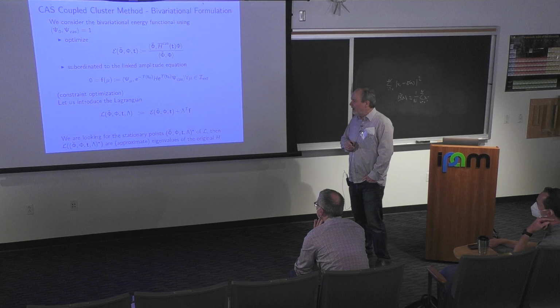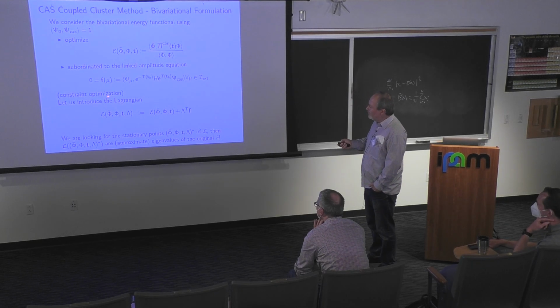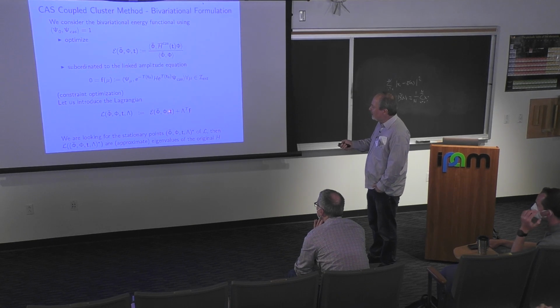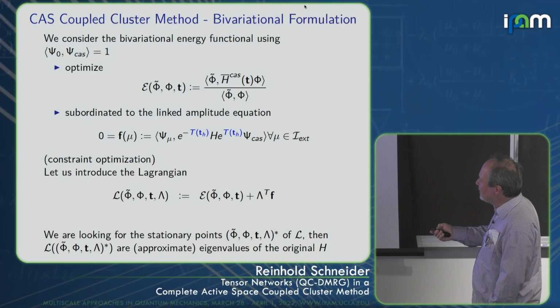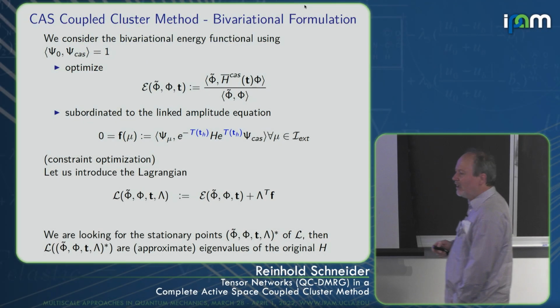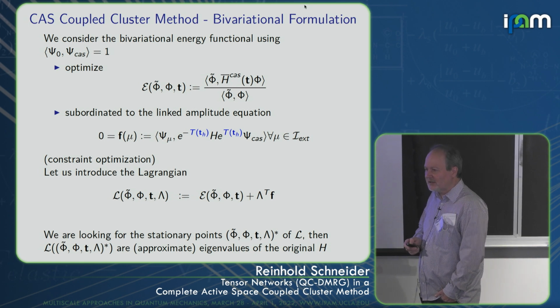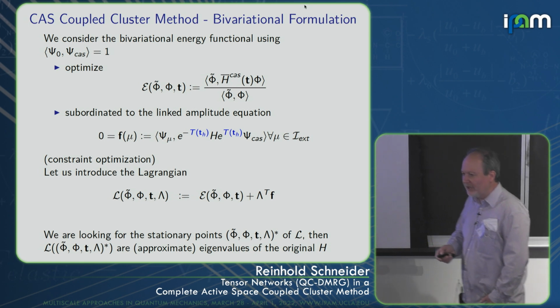In order to do this optimization, we introduce a Lagrangian, which is just this Rayleigh quotient plus a Lagrange multiplier times the linked amplitude equations. It is more or less the Helgaker ansatz for doing variational Monte Carlo.